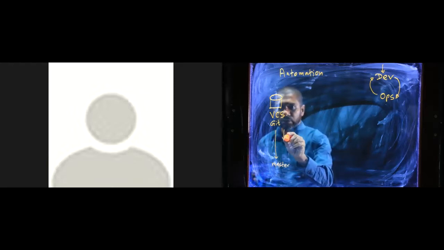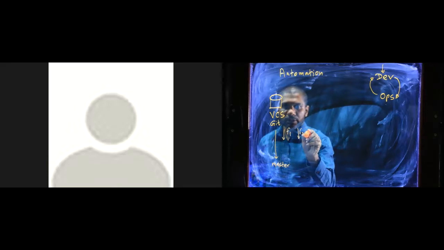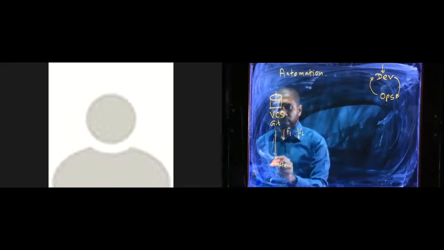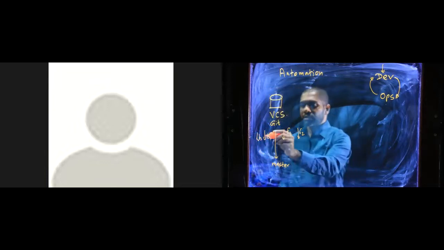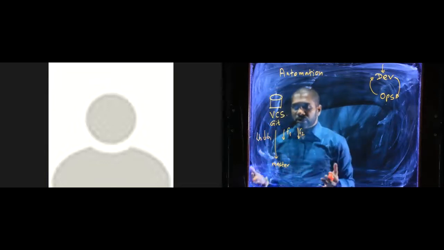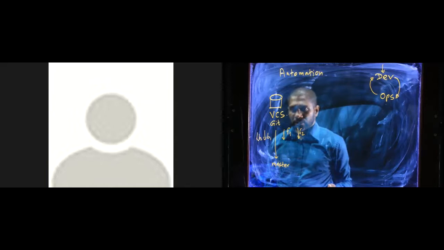We may have development branches for features, F1, F2, and so on. And at the same time, we may have bug fix branches, B1, B2, and so on. Each of these branches are individual versions of the software that are being developed by various members of the development team.